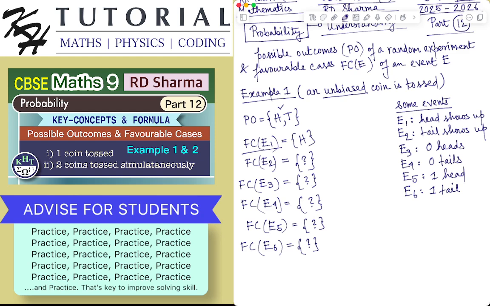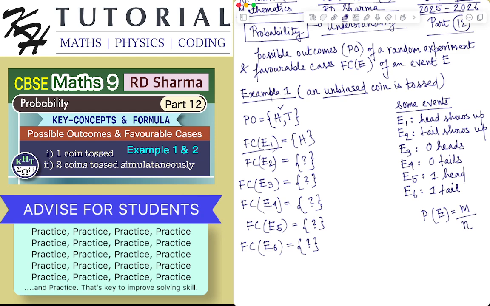Now, in the empirical formula of probability, we know the probability of an event E is equal to small m, the number of outcomes favorable to the event E, divided by the total number of possible outcomes, small n.